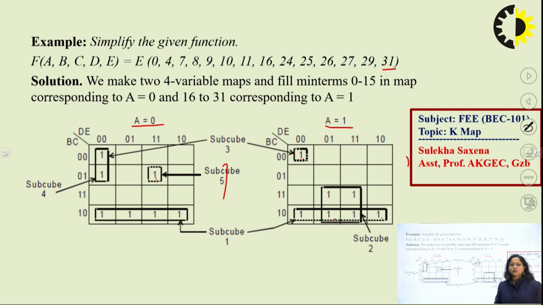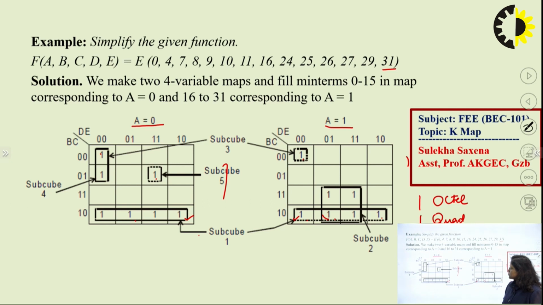Now we check for the groups. For a single K-map, if we cover these two K-maps one over the other, these 4 ones and these 4 ones will form an octet. So there will be 1 octet. Now we search for quads. This group of 4 ones will form a quad. So there is 1 quad. There is one more quad, that is 1, 1, 1, 1 around the 4 corners.